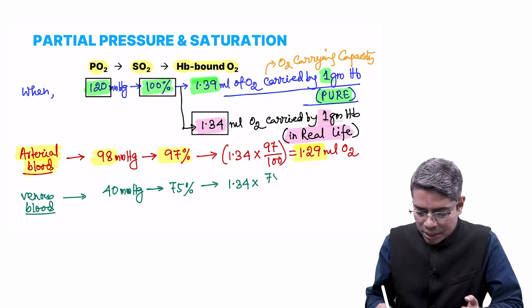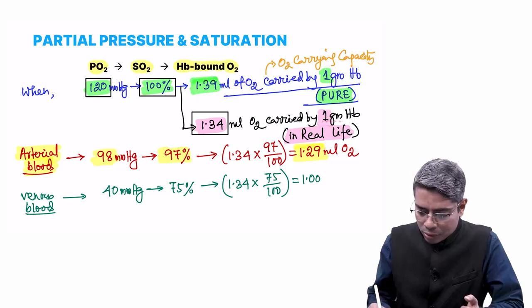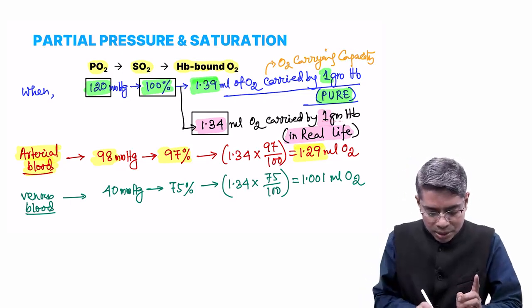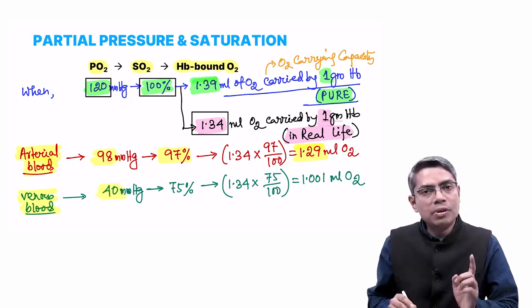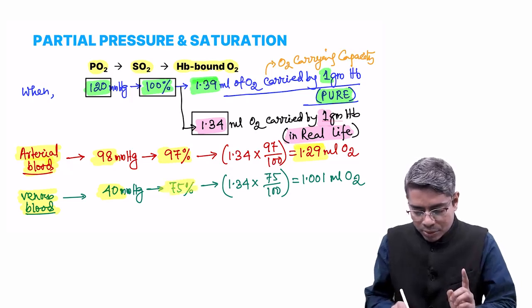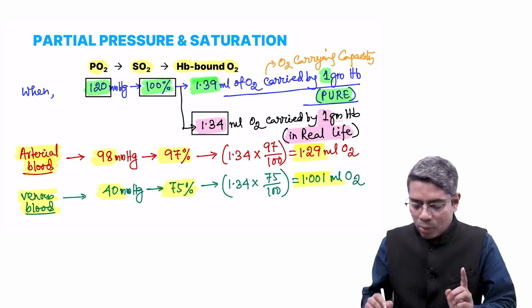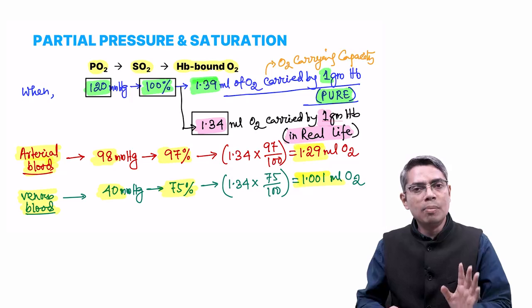Simple thing is 75 upon 100, and it will be 1.001 ml of oxygen carried by 1 gram of hemoglobin, in case of venous blood. So, in venous blood, partial pressure of oxygen is 40 millimeter of mercury, saturation of hemoglobin is 75%, and 1 gram of hemoglobin is carrying 1.001 ml of oxygen.